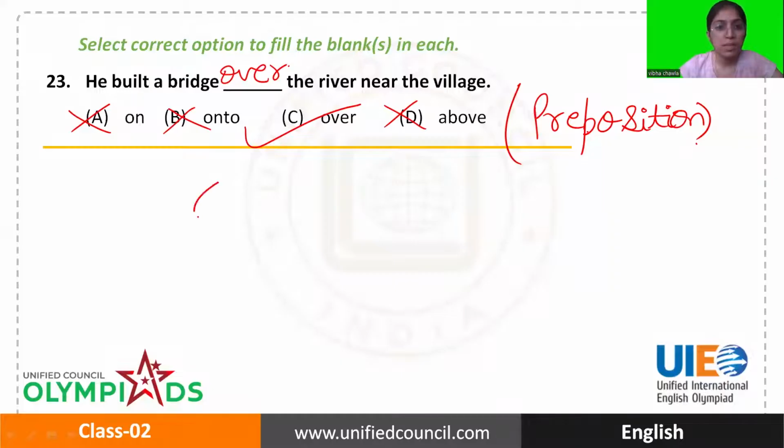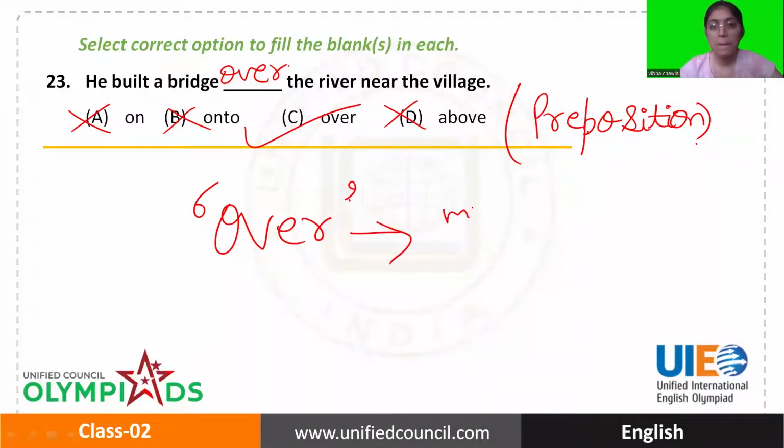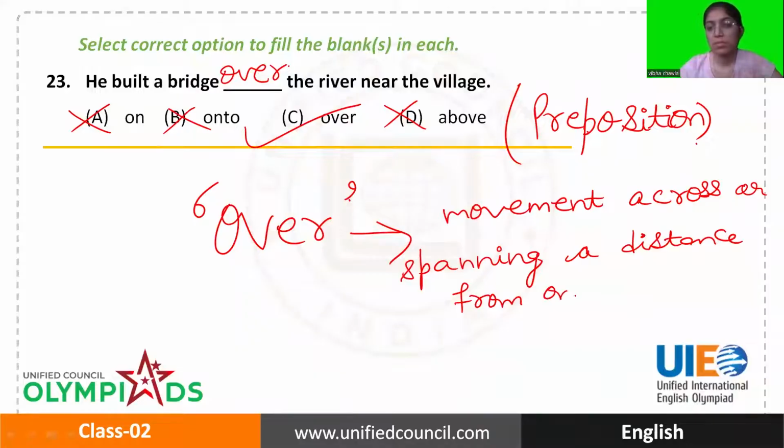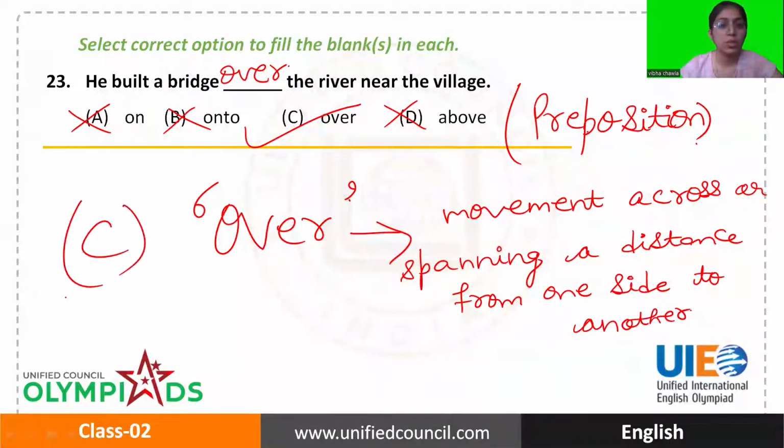That is best conveyed by the preposition over. So it is option C.